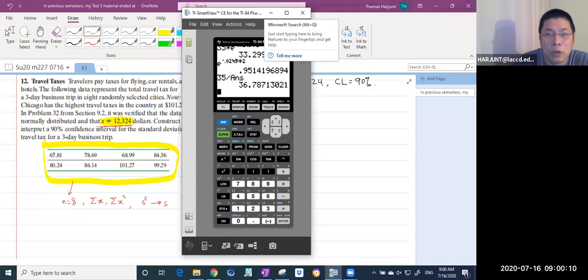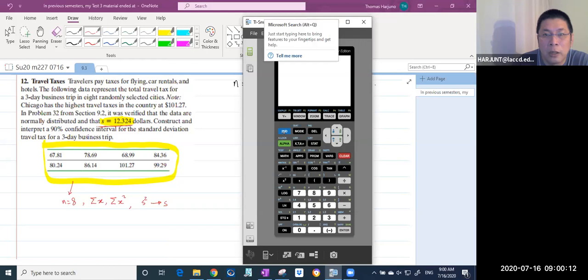You go to stat, edit, and use the list tool. You plug in the numbers. This is what you do if you just want to confirm you did it right, or if I tell you to just use your calculator to find this result. You still need to know how to use the calculator though.